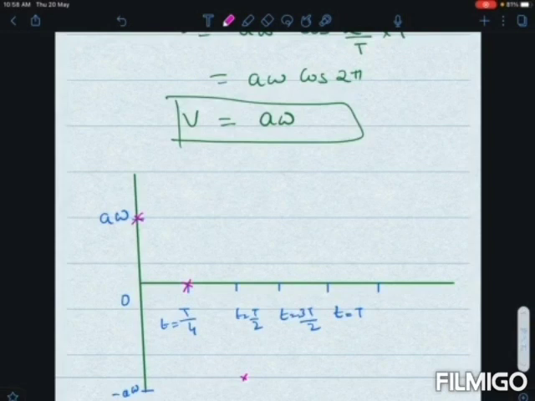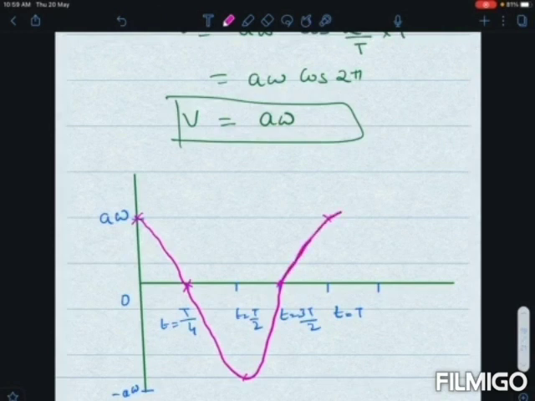At t is equal to 3t by 2 it is 0, and again at t is equal to t it is maximum amplitude. So we'll just draw the figure. So it is this figure.